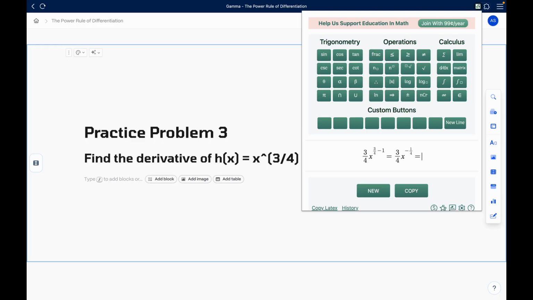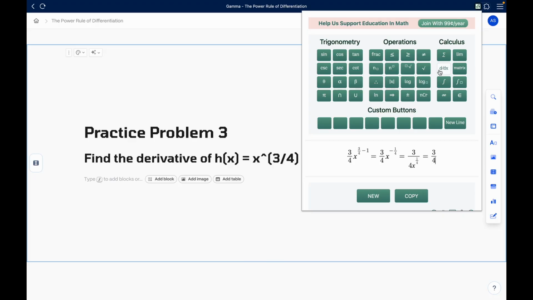Now, if you want to only use positive exponents, you can do 3 divided by 4 times x to the power of 1 over 4, or even 3 divided by 4 times the 4th root of x, because if you have x to the power of 1 by something, that means you have that nth root of x.